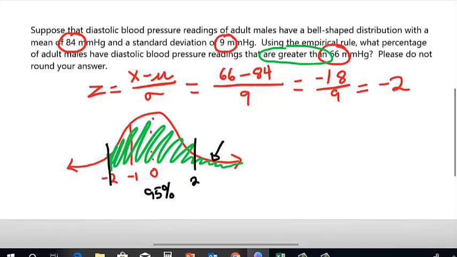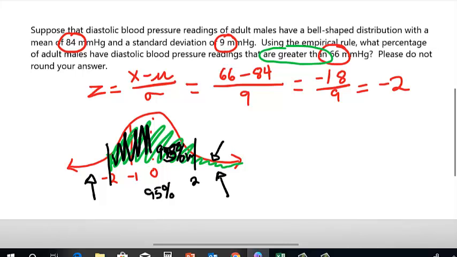So here's what I want to do. I need to figure out what this is. Well, if this middle piece here, this black piece, is 95%, I need to add on this. So I have 5% left over between these two tails.